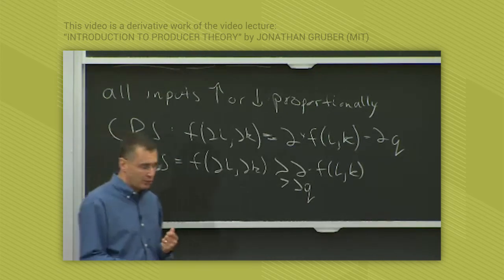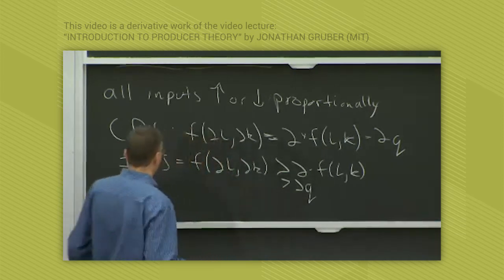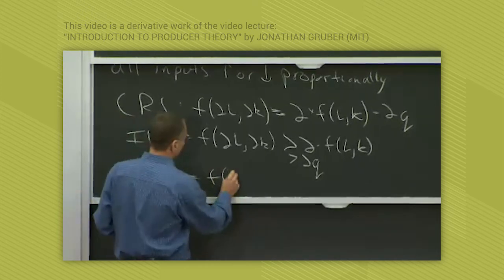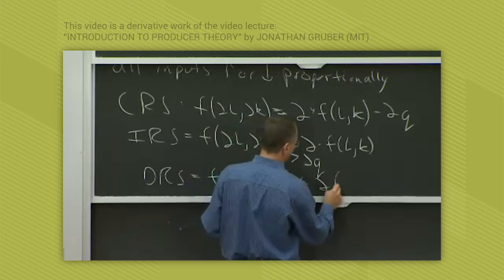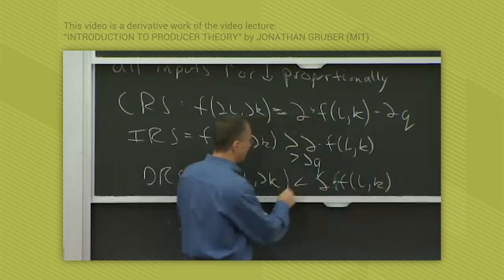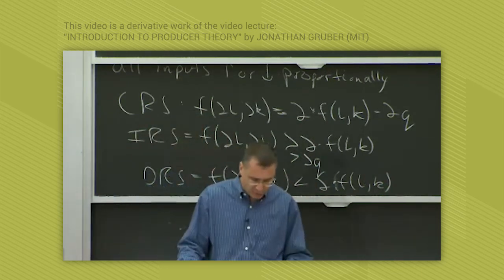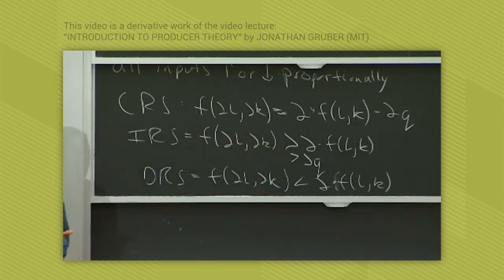On the other hand, we can also have decreasing returns to scale, which, not surprisingly, means that f of 2L, 2K is less than 2 times f of L, K, or less than 2Q. That is, when I double my firm, I get less than twice as much stuff.